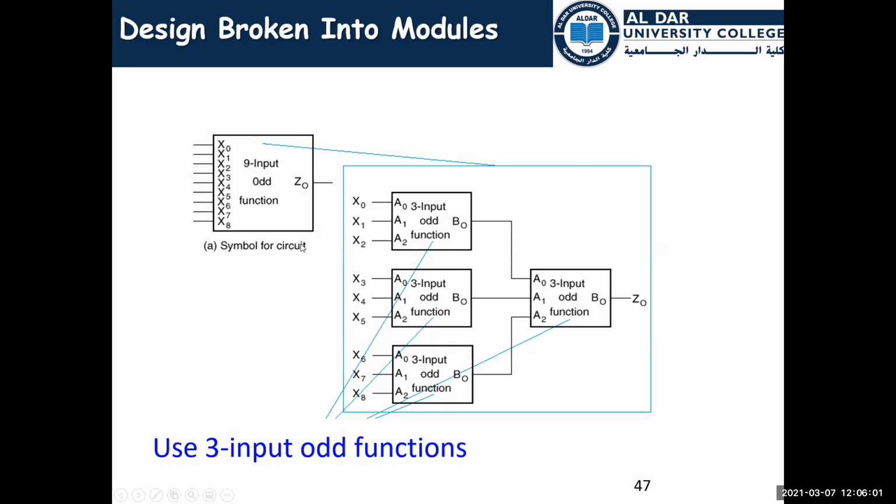So we have now implemented a functionality that is impossible to handle with a truth table, using just simple circuits: 3 by 1, 3 by 1, 3 by 1, and another 3 by 1, to get a 9 by 1 functionality.